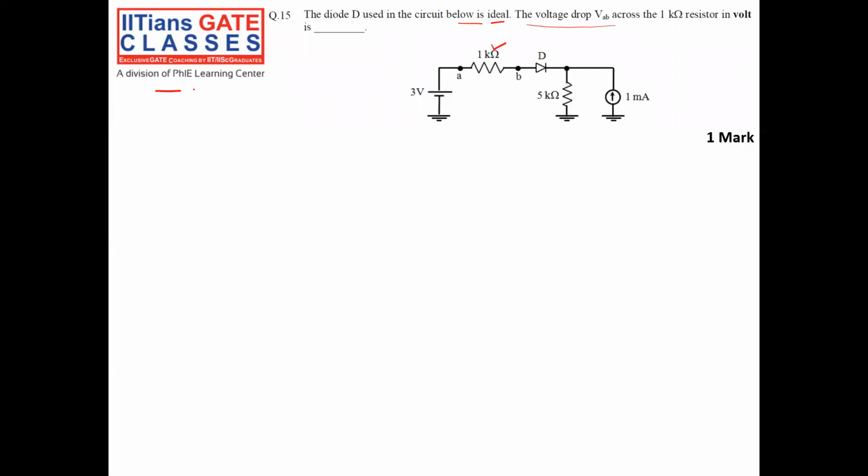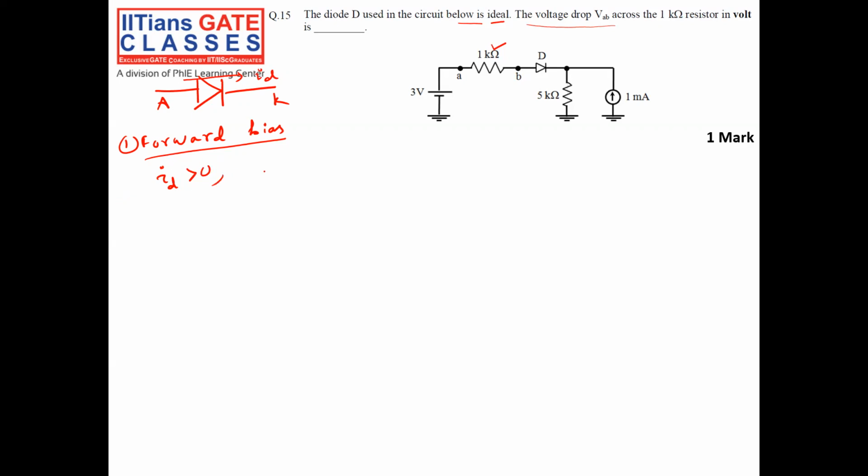The symbol of a diode is like this. It has two terminals, one called anode, another called cathode. It has two modes of operation. One is called forward bias. The ideal diode is in forward bias when the current through the diode, ID, going from anode to cathode, is greater than 0.